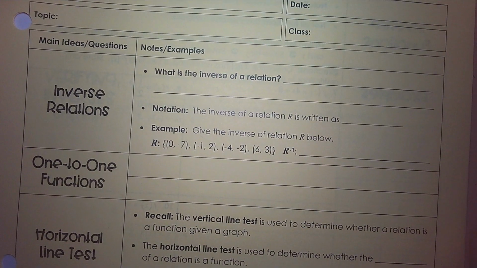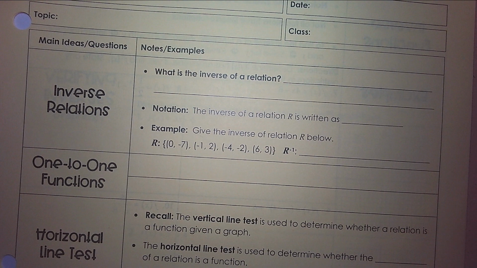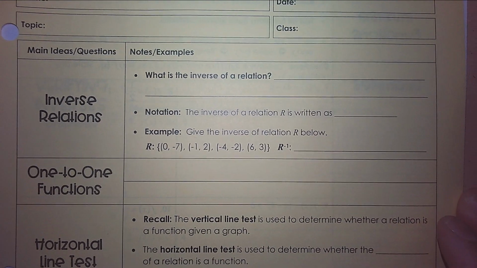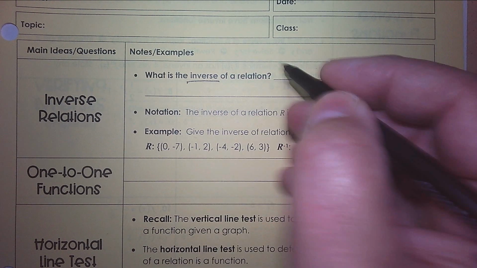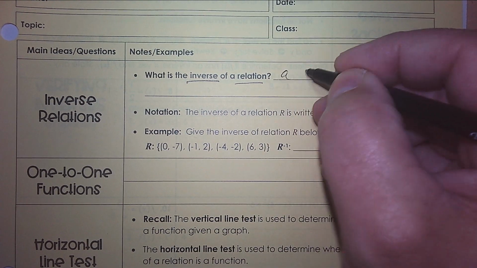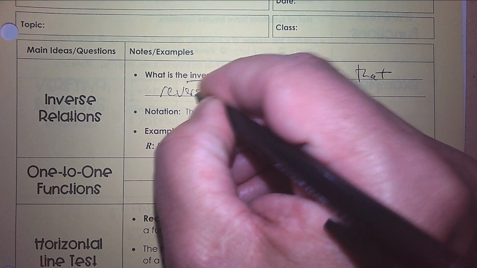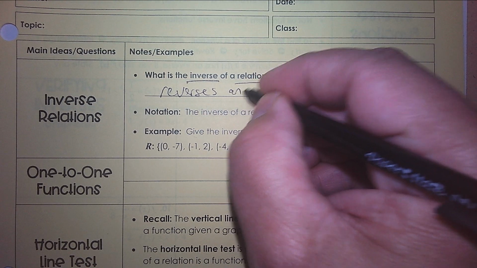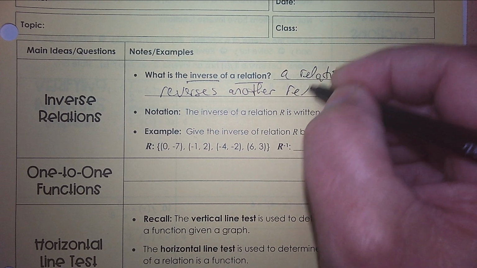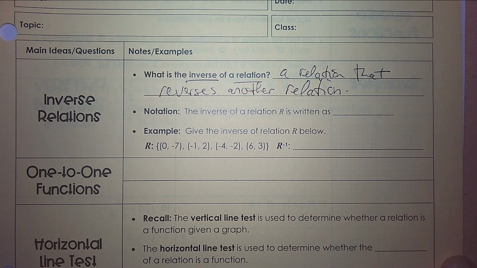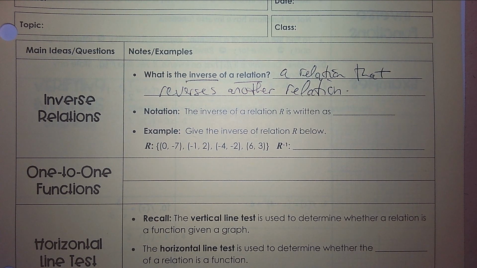So when we talk about what an inverse is, we have an understanding. So what is the inverse of a relation? It's a relation that reverses another relation. In the relation, and these are going to be functions once we get there, if it says for the function you should add 2 and then subtract 1, the reverse of that would be add 1 and subtract 2, right?